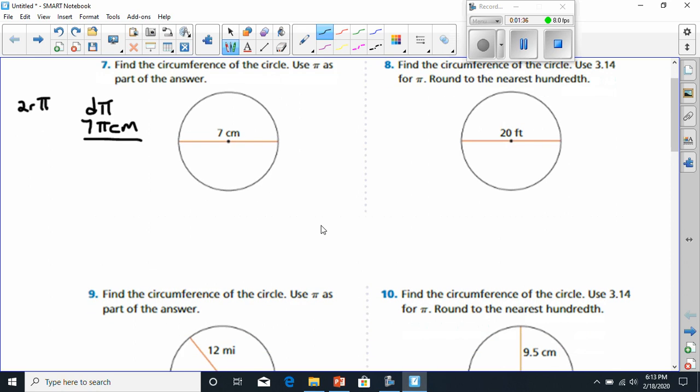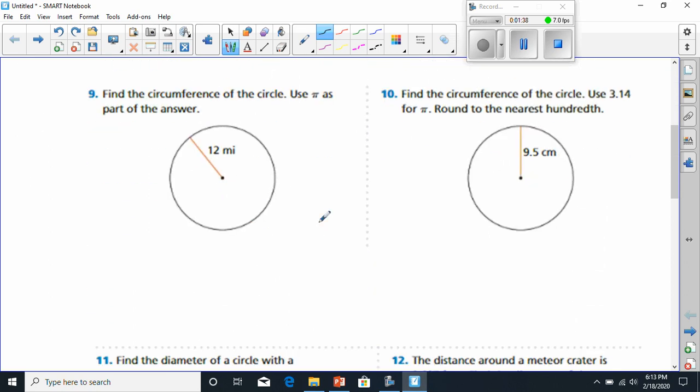We're going to go to number 9 now. Find the circumference of a circle. Use pi as part of the answer. Once again, this time they gave us the radius, and if we have those two formulas, 2 times the radius times pi, or diameter times pi, remember, since they gave us the radius, we're going to use this formula.